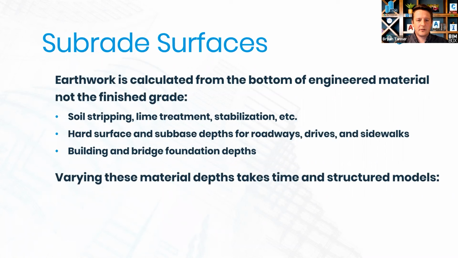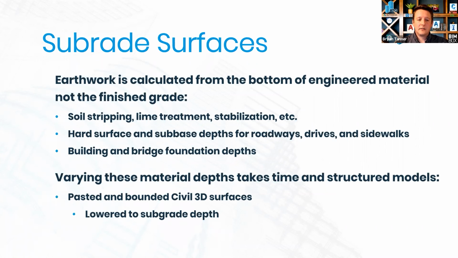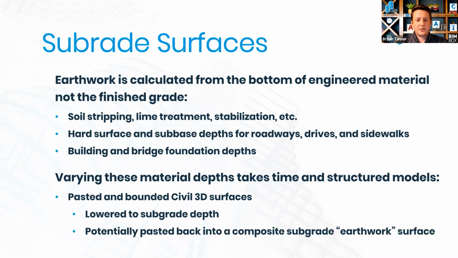The varying material depths for all of these different area types, soft surface, hard surface structures, basic soil stripping and stabilization. In order to get those varying subgrade depths, it takes a process of pasting our design surface and bounding it into multiple Civil 3D surfaces lowered to the subgrade depths of those materials, potentially pasting those back into a composite subgrade earthwork surface.